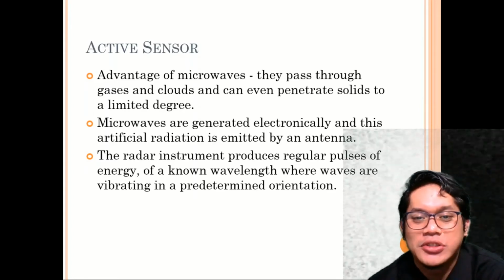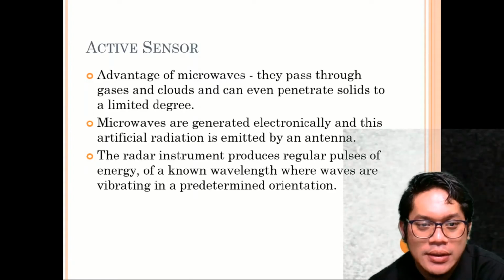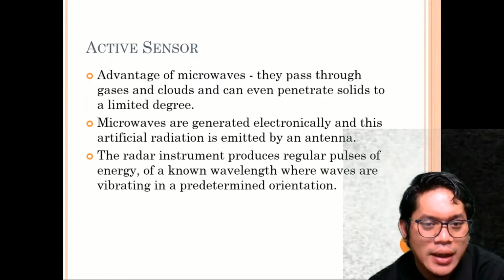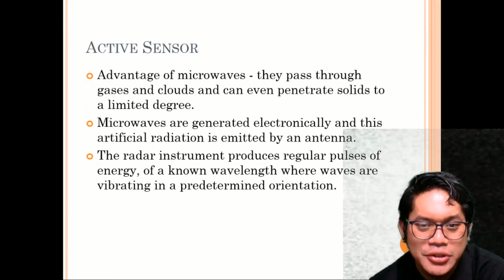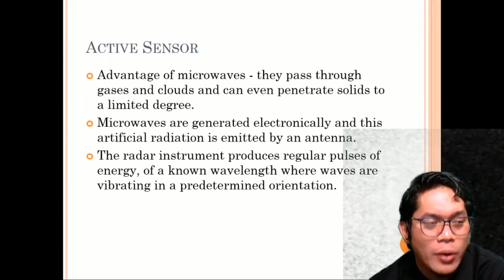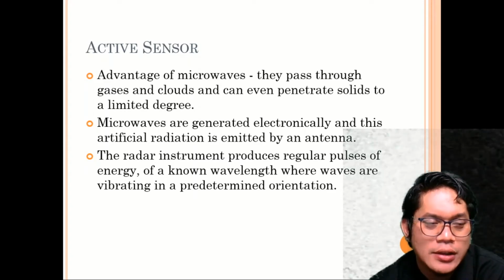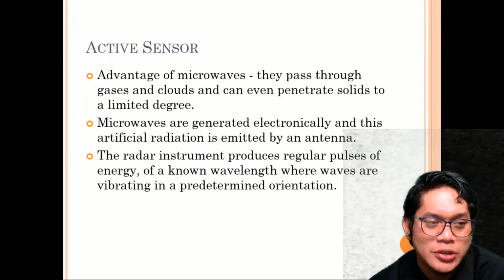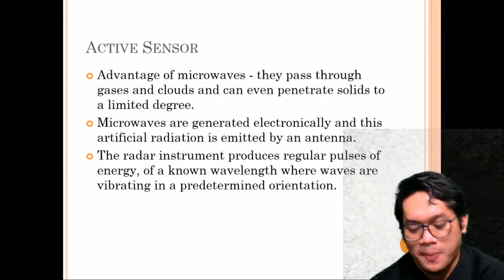So the microwaves are generated electronically, and this artificial radiation is emitted by the antenna, and this antenna basically produces pulses of energy of a known wavelength, and it also vibrates through a certain orientation.